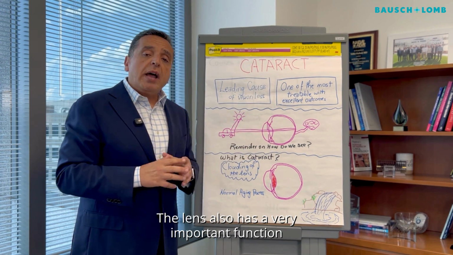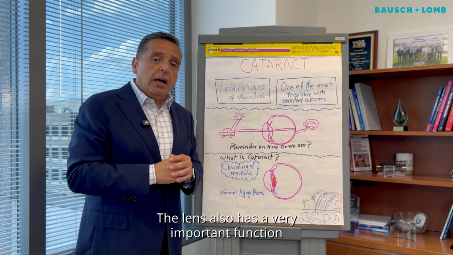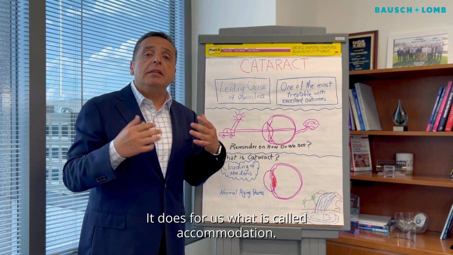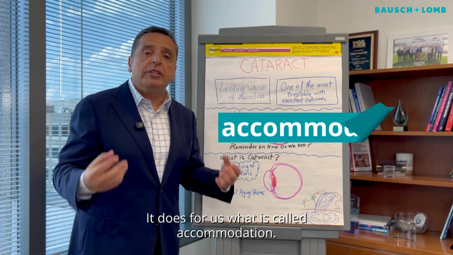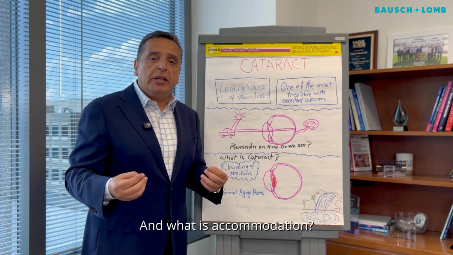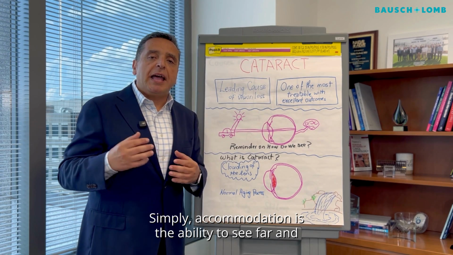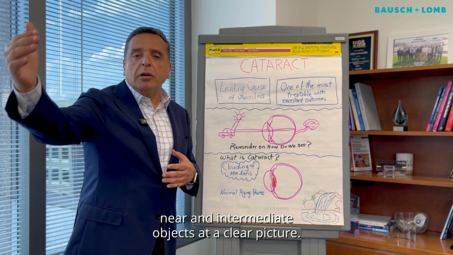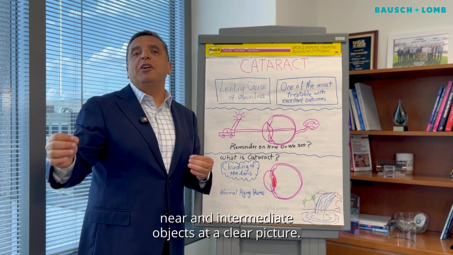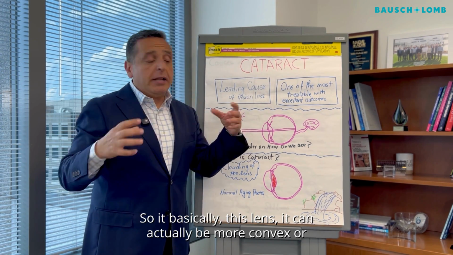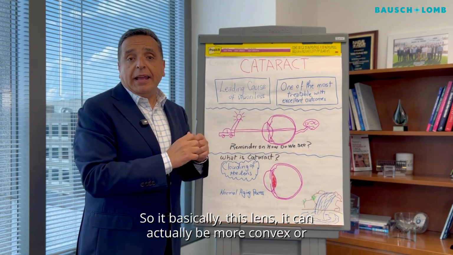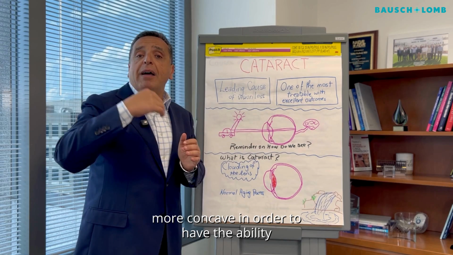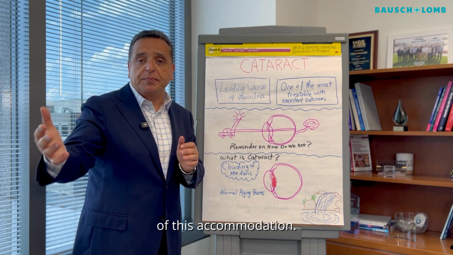The lens also has a very important function other than transmitting the light backward. It does for us what is called accommodation. And what is accommodation? Simply, accommodation is the ability to see far, near, and intermediate objects as a clear picture. This lens can actually become more convex or more concave in order to have this ability of accommodation.